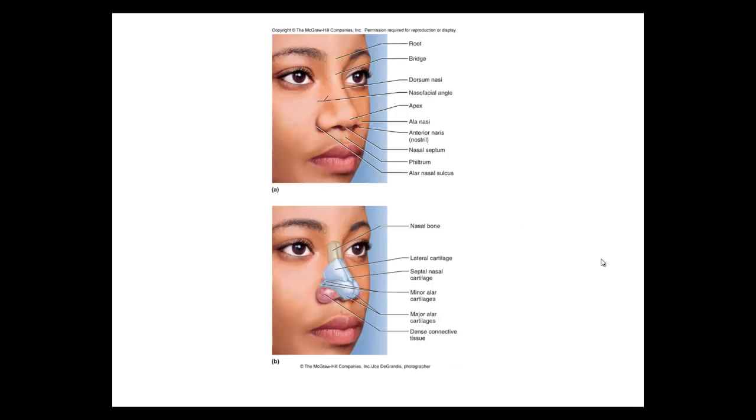Primarily the nasal structure is cartilage, with the exception of the maxillary bone, which forms part of the bridge of the nose, and then we have the nasal bones, and the frontal bone here. The rest, as you can see, is cartilage. We have lateral cartilages, and we have ala, meaning wings, so we have major and minor alar cartilages.